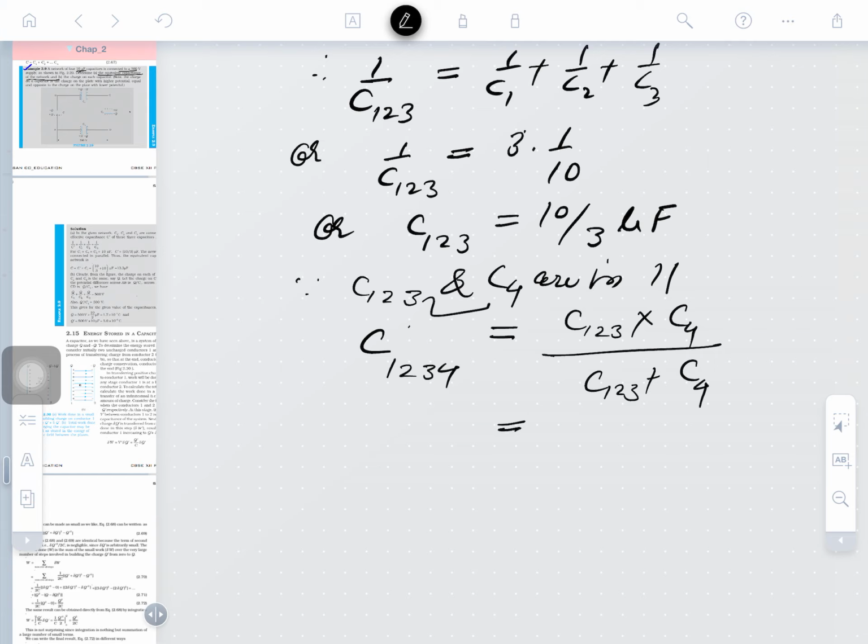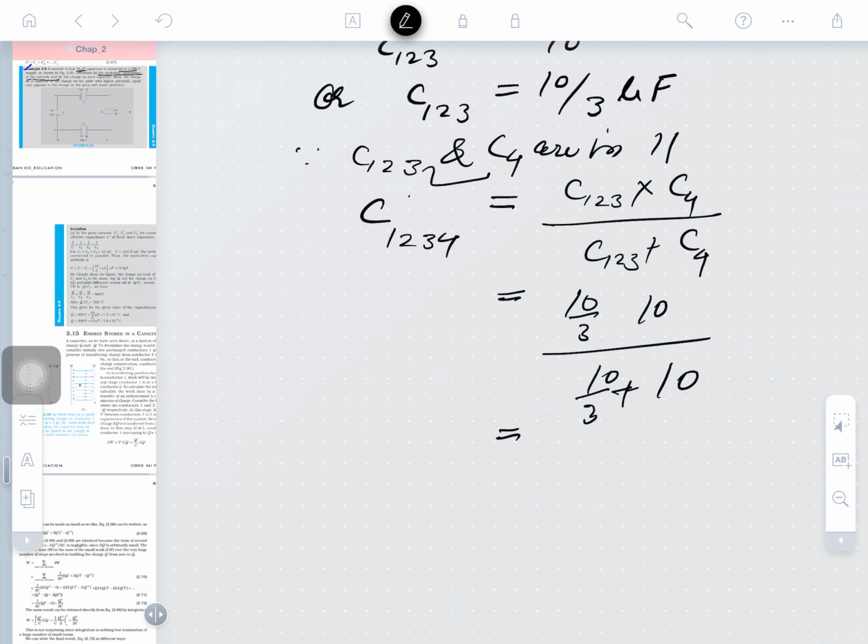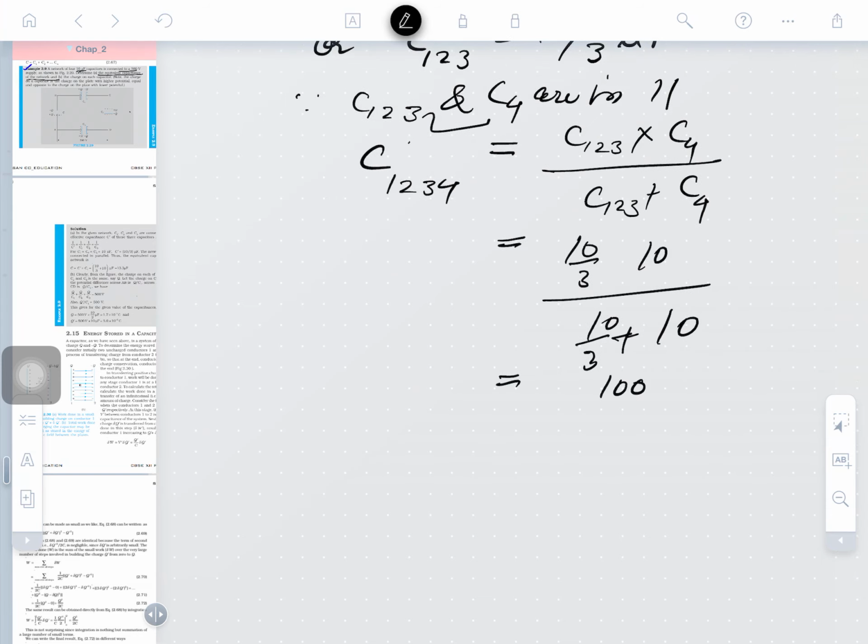C123 we found is 10 by 3, and C4 is 10 microfarad. So, the product, and here plus 10. What is the solution?